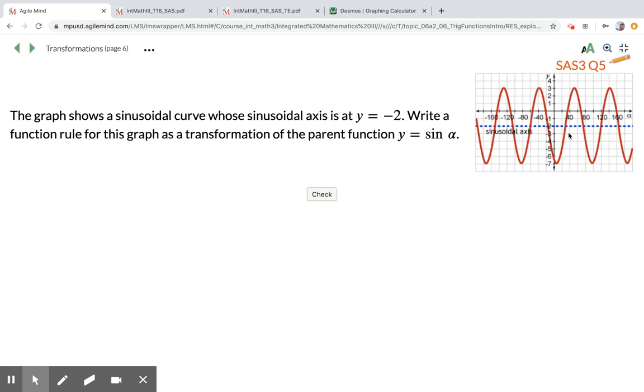Please notice, not only did my sinusoidal axis change, you might notice that my amplitude changed, my period changed, and there may have been a little bit of a phase shift here. There are a lot of things that happened to this function. So go ahead, hit pause, work this out best you can, and then hit play when you're ready to check your work.